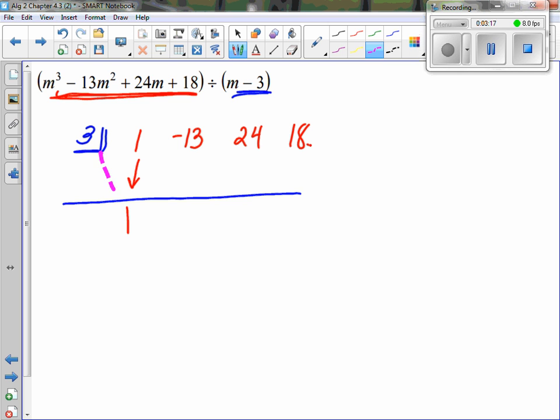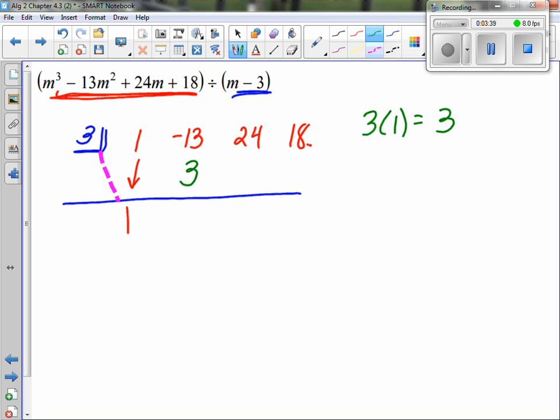Now we multiply 3, the number in the cubby, by the number under the line. So for us, this would be 3 times 1, which is? You take that multiplication and put it under the next number.